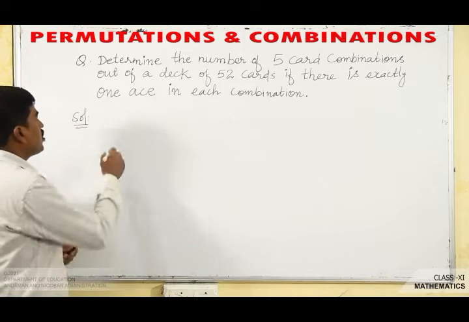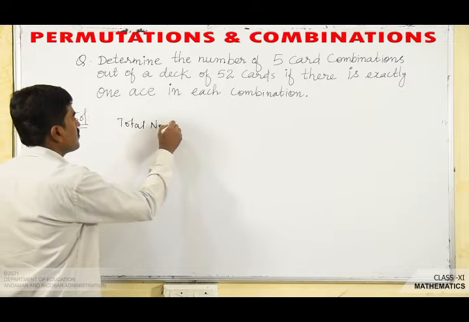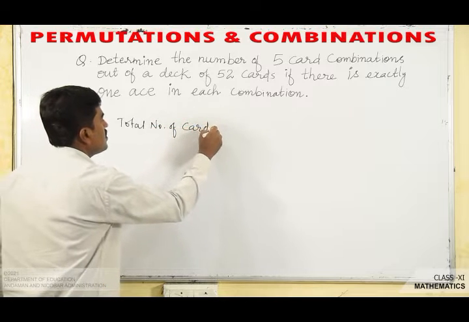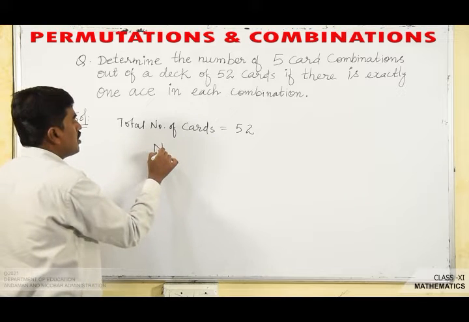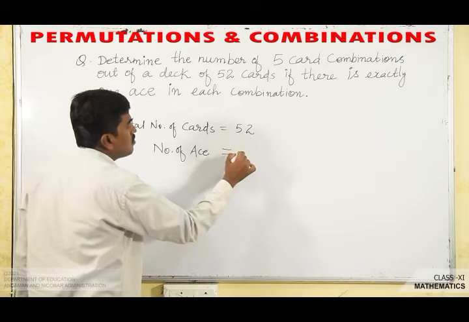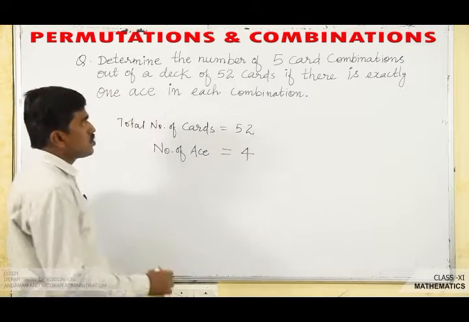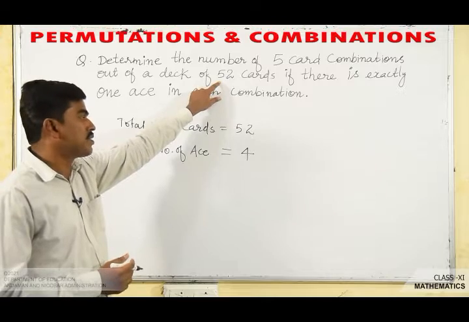Here total number of cards is equal to 52. Now we know that number of aces is equal to 4. So in the deck of 52 cards there are 4 aces.